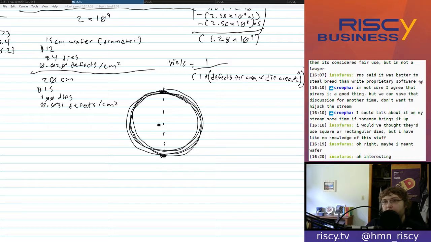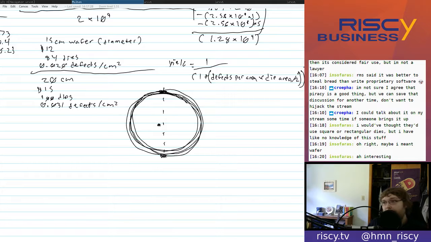So the problem that we're solving right here is we're trying to pack 84 complete squares or rectangles. It doesn't really matter what the shape of the die is. The point is we have 84 of them, and we need to pack them into this circle, which is 15 centimeters across.